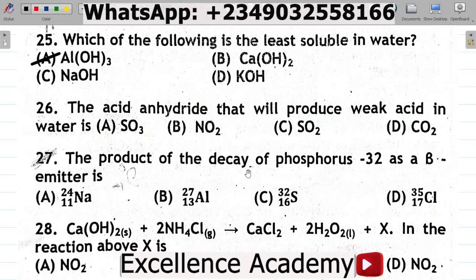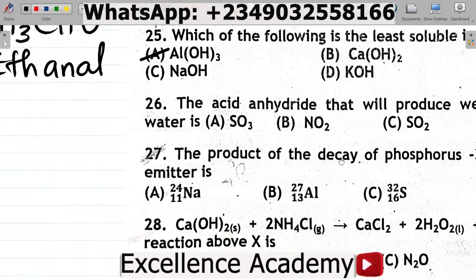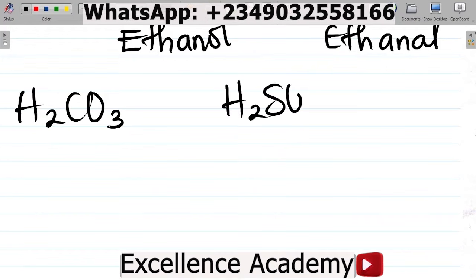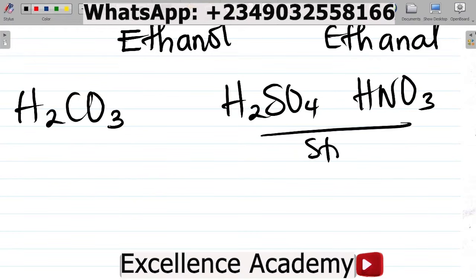For this question, when we talk about strong and weak acids, take note that H2CO3, which is simply hydrogen trioxocarbonate(IV), is an example of a weak acid. Meanwhile, acids such as H2SO4 and HNO3 are strong acids.